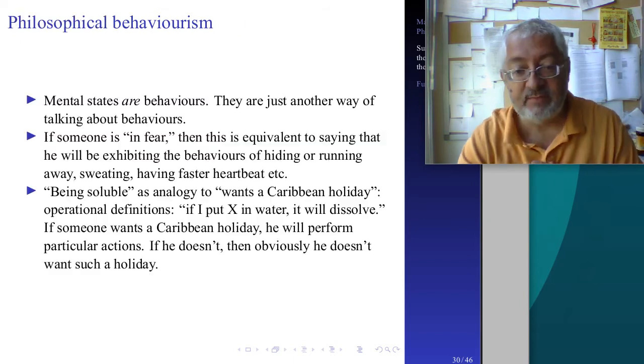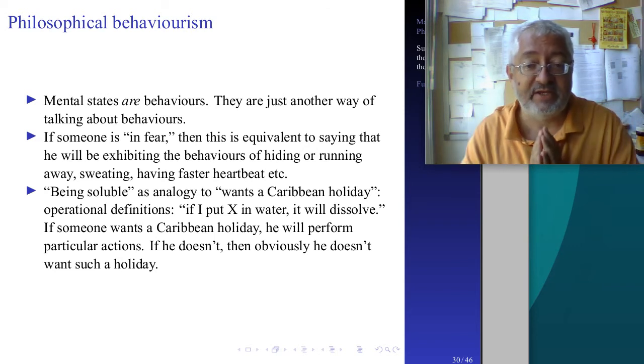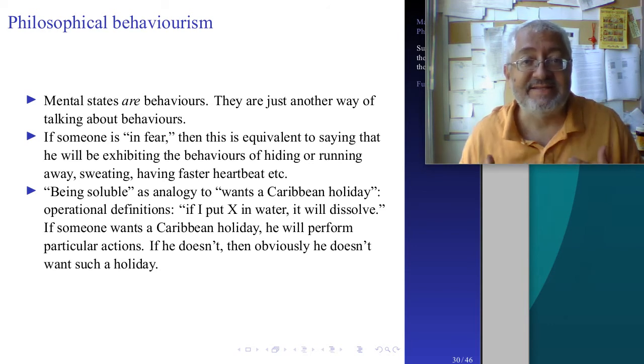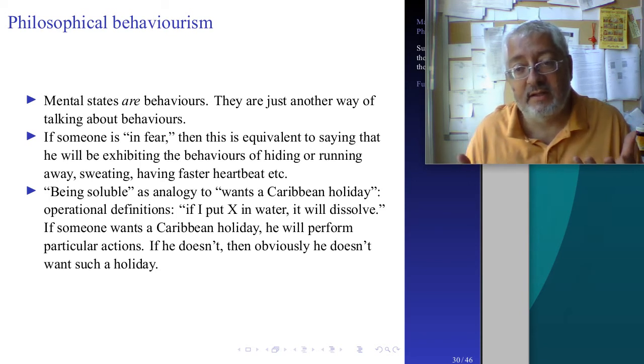Now, behaviorism is tempting in a way, because, again, particularly for AI people, it means that I can have mental states just by exhibiting a particular behavior.